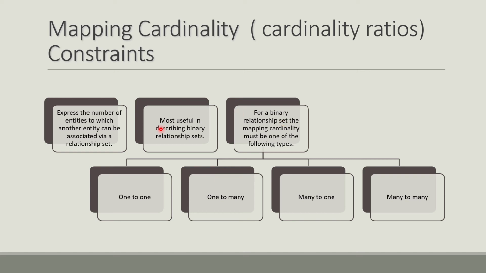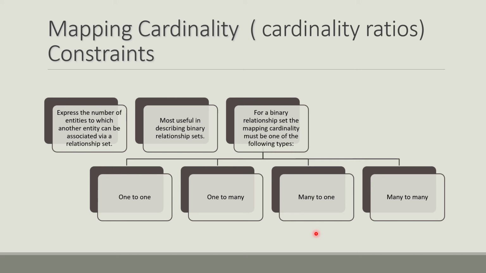For example, if you are taking one student from the student entity set and one instructor from the instructor set, we know that the relationship is the advisor. Suppose you are taking the flow from student to instructor, we want to know whether one student has many advisors or one advisor.